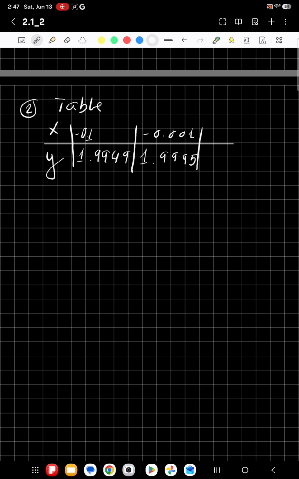Then we could plug in the numbers that are to the right of 0. Let's take the same number, but the opposite, 0.001. This time it's a positive number, so we get 2.0005.